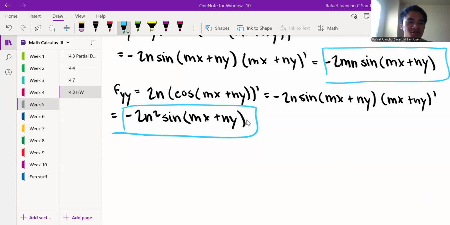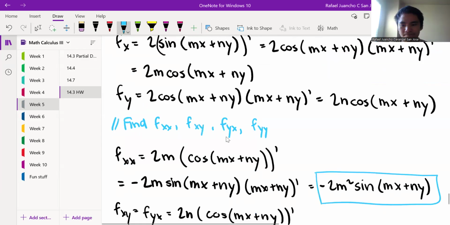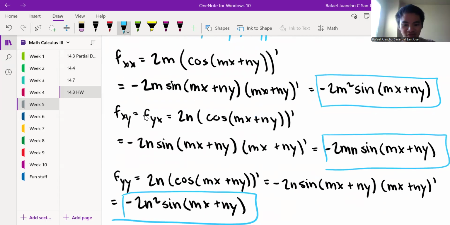I have my three things. One of them is equal to the other. So I have negative 2m squared sine of (mx plus ny). Then I have my other one. For my f_yy, I just change my m to an n. That's it.